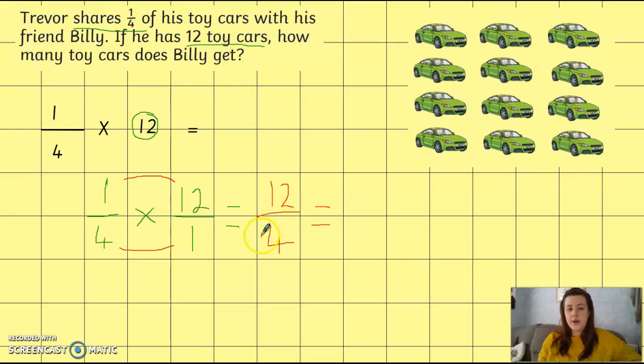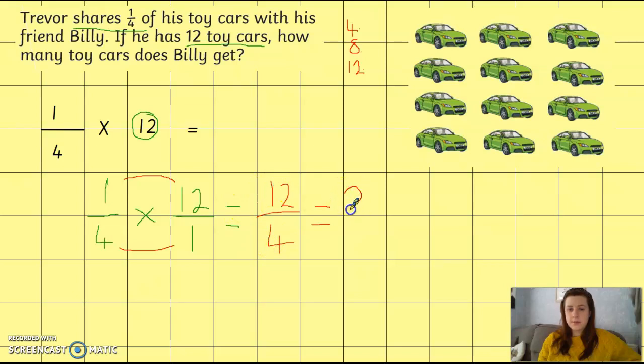So we need to find out how many 4s go into 12 and if we have any left over. So I'm going to look at my 4 times table up here. So 4, 8, 12. Now I know that 4 goes into 12 exactly in my times table. So I can get 1, 2, 3 lots of 4 into my 12.